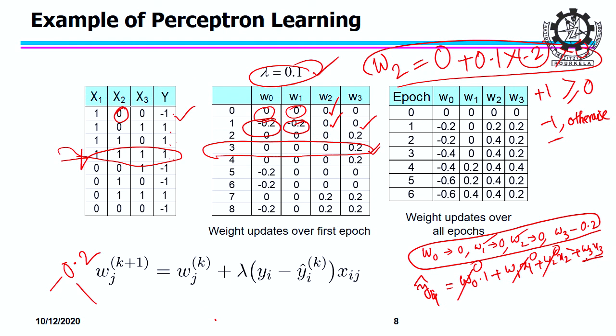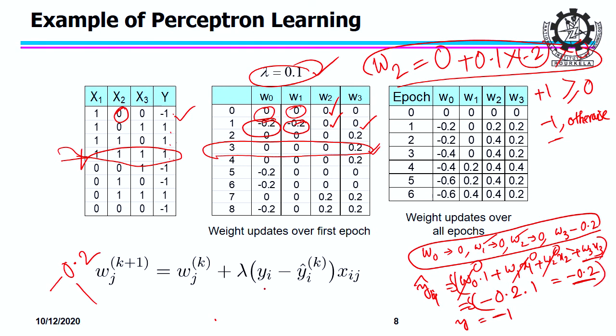X 3 is 1 and W 3 is minus 0.2. So, we get minus 0.2 into 1, that gives minus 0.2. It is negative, so if you apply the sign function, you will get this value minus 1.